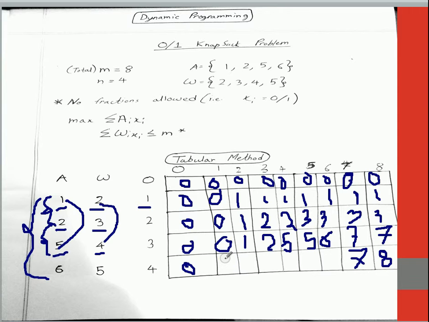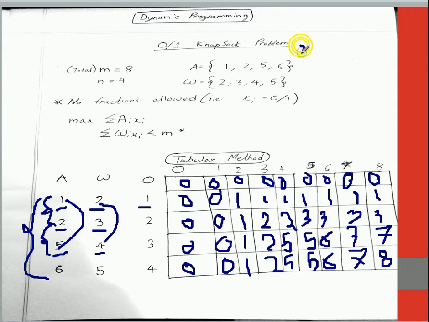Now here we go. Now we need to draw some extra things. So we have 4 items here, right?